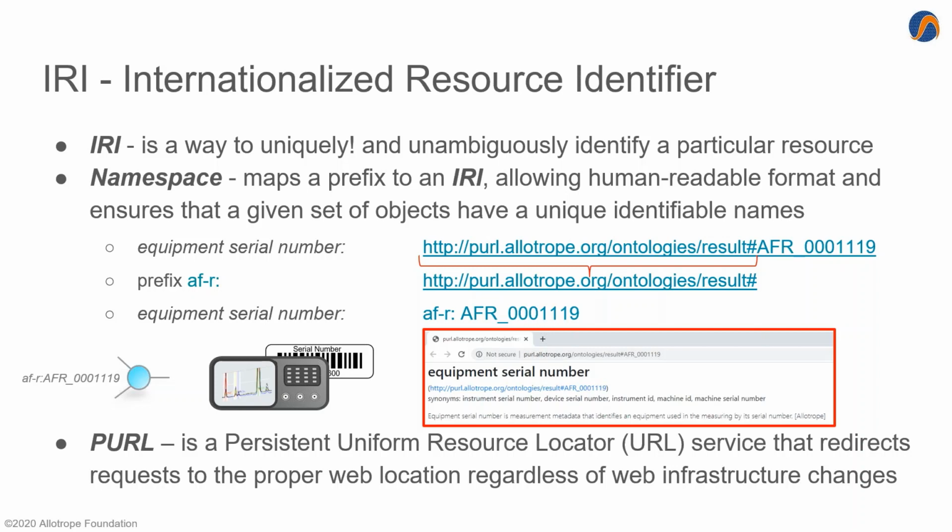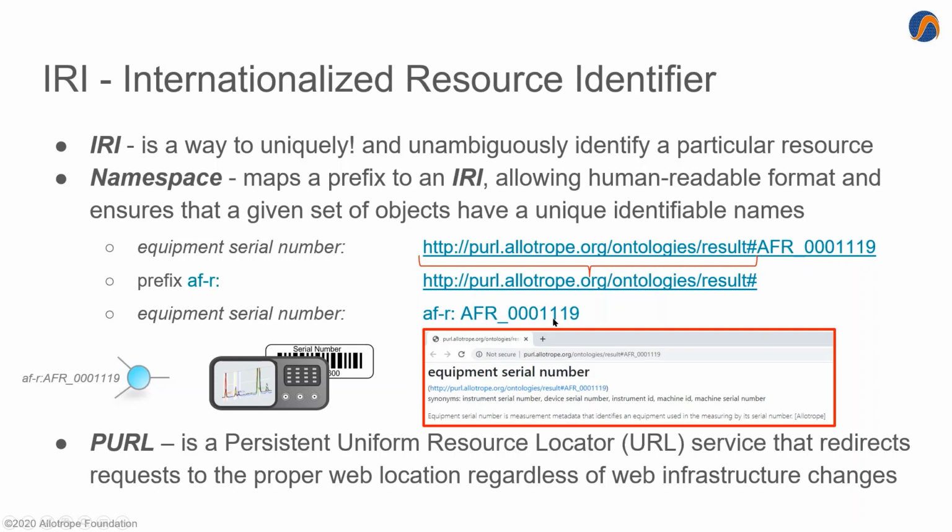So we are using the namespace of Allotrope Ontology Result and the unique ID AFR 000119. Remember this number, 000119. So mapping between the namespace and the prefix AF-R, we get the equipment serial number in a readable format, AFR 000119.